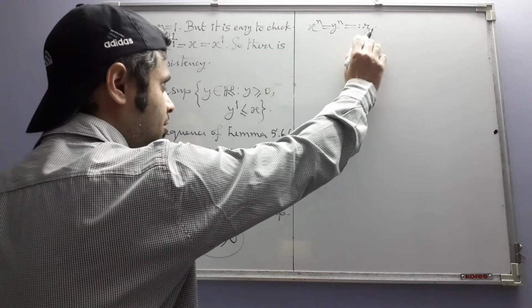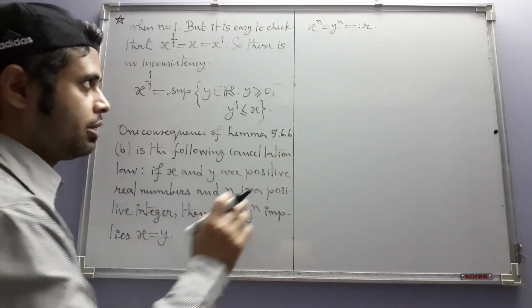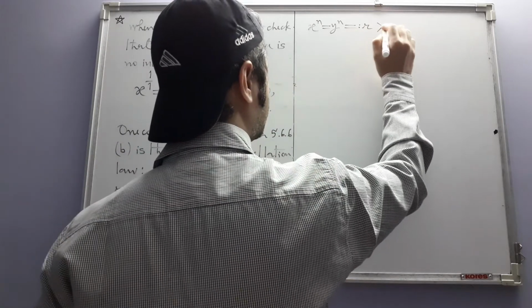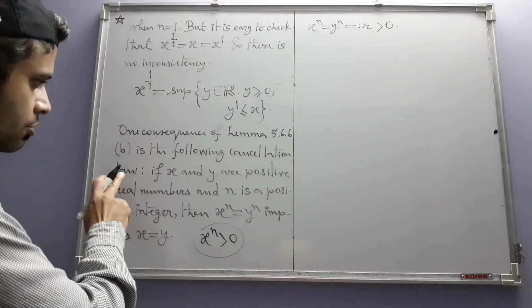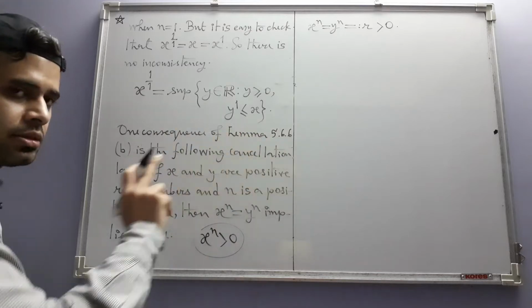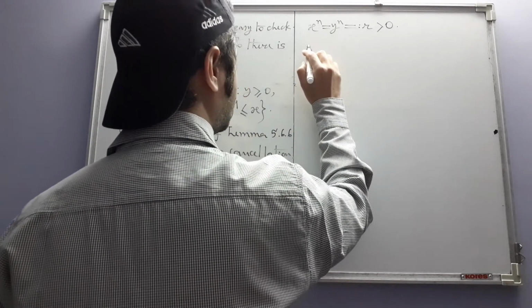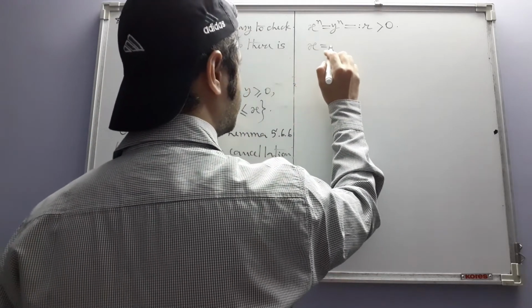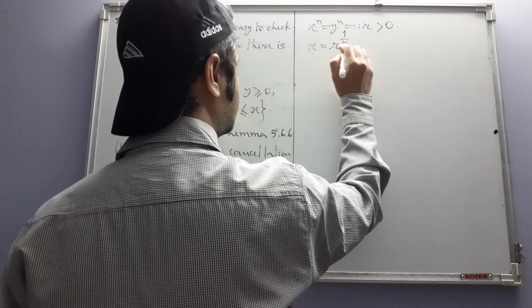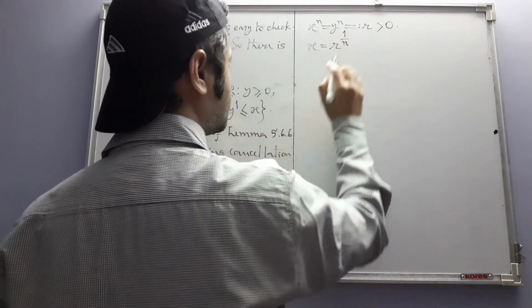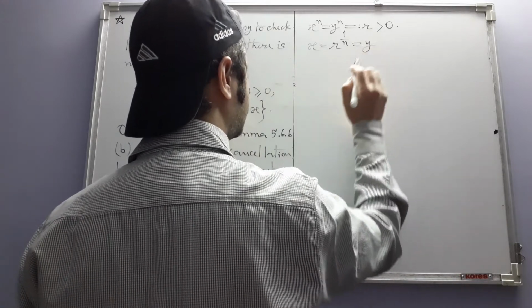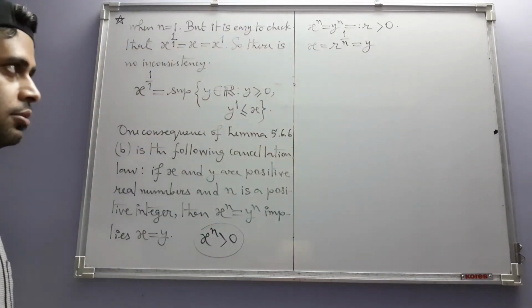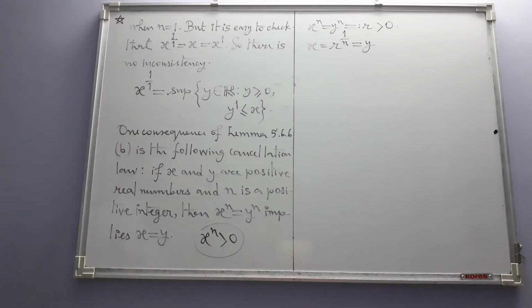So the r we have here is actually a positive real number, and x and y are given to be positive. So by part B of this lemma, x is going to be the nth root of r, and also by part B of this lemma, y is also going to be the nth root of r. So that's why they are equal. Okay, and that's how we get the cancellation law.